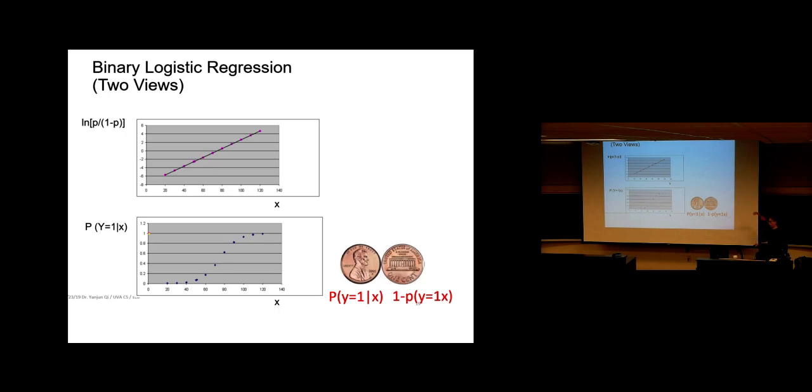In fact, it's an S-shaped function. So it's very easy to remember the logistic conditional probability: this function has an S shape and it has bounds.